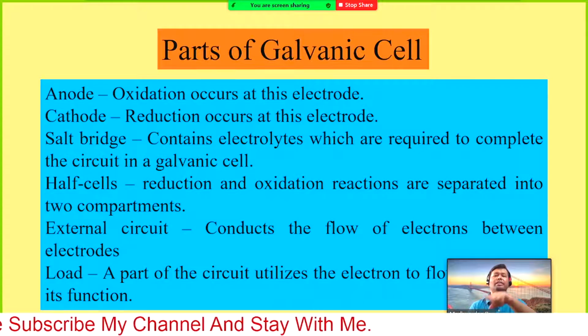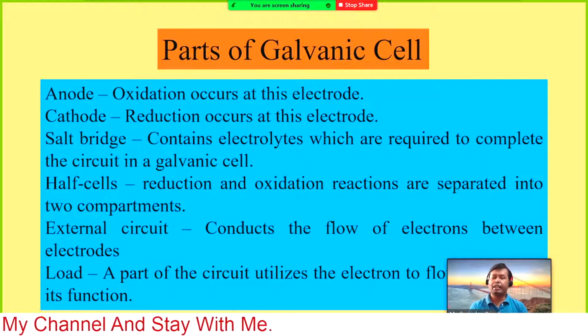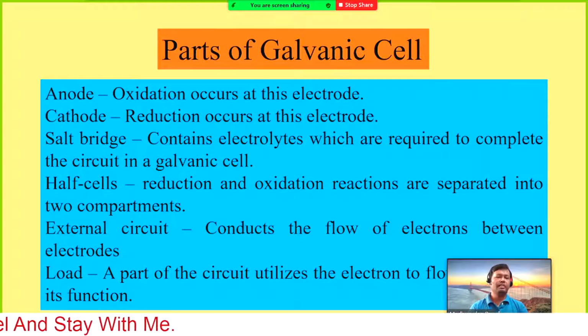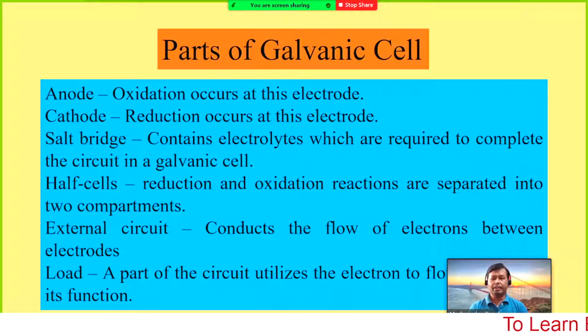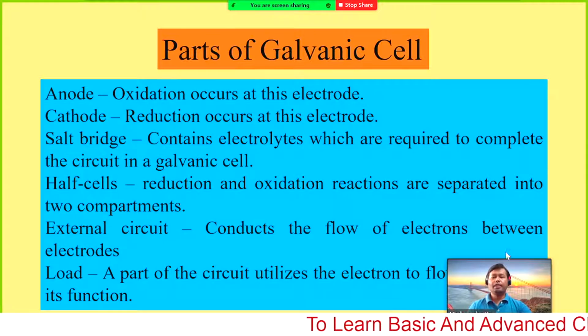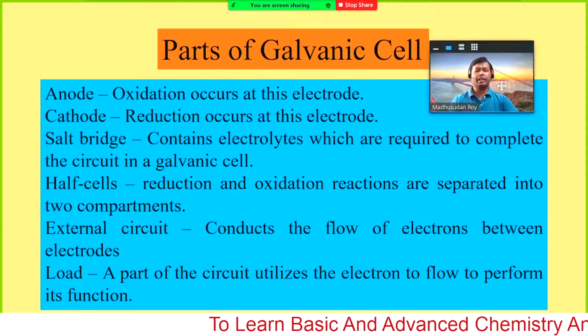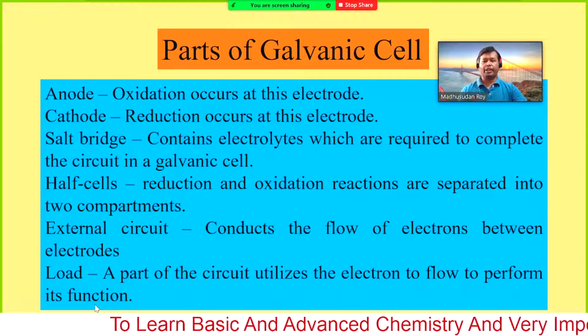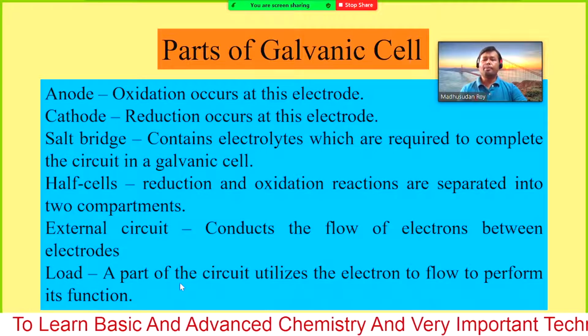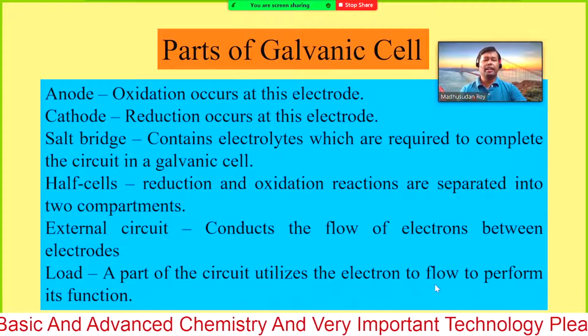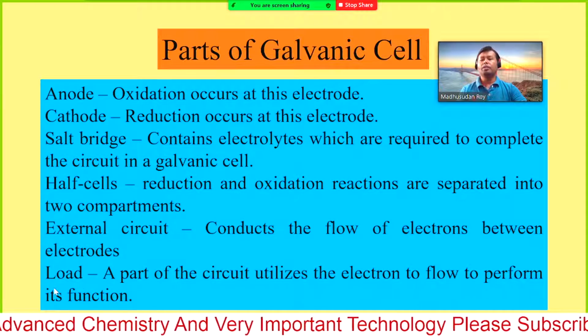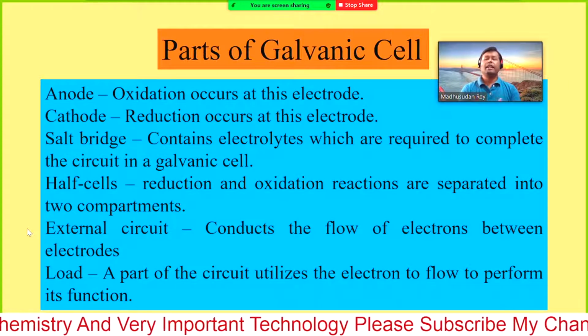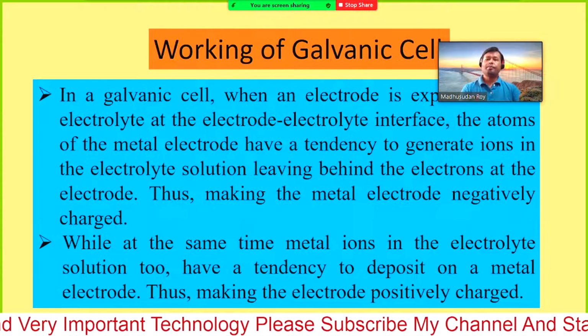You need some connections made of wires, or you can put a voltmeter or some electronic devices in the circuit. And load: a part of the circuit that utilizes the flow of electrons to perform its function. That can be considered as the load.